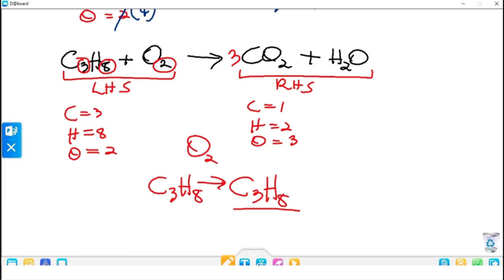But what we are now doing is, when compounds come together in chemical reactions to form a given compound or more than one compound, such reactions ought to be balanced. And in balancing such reactions, we don't use subscript numbers.